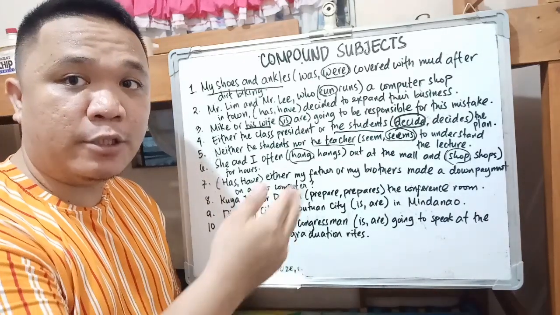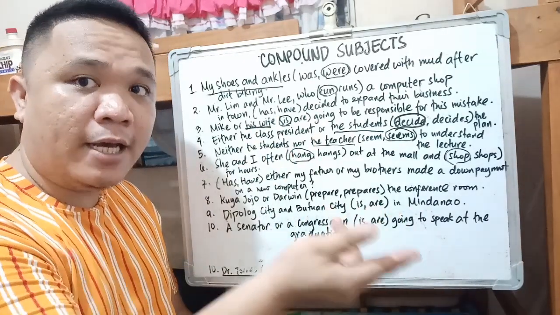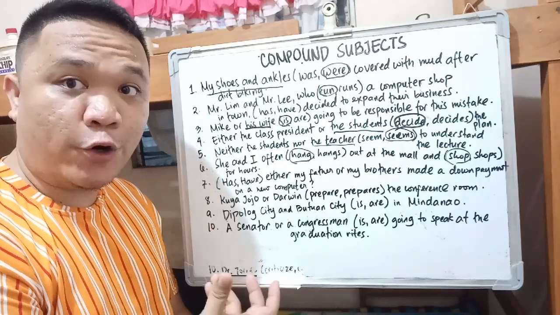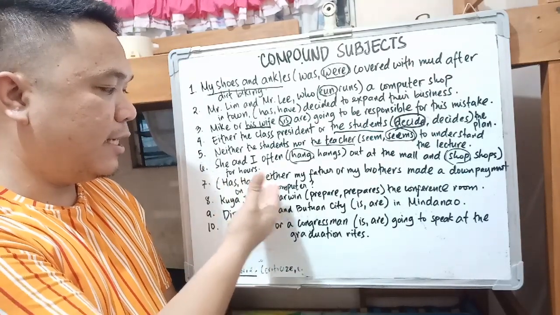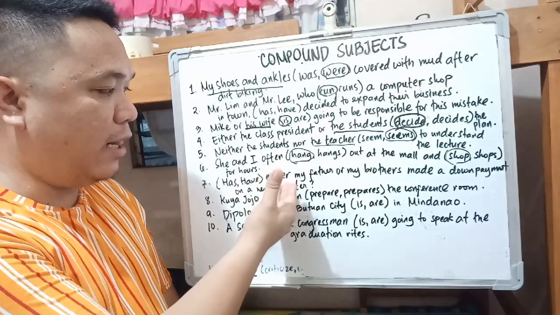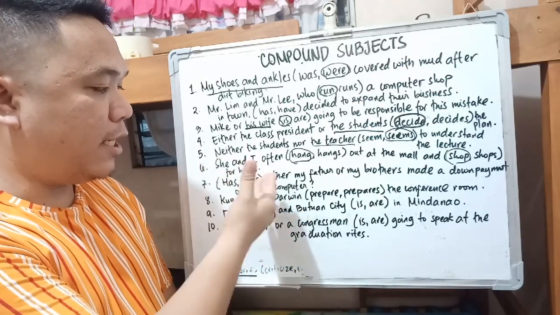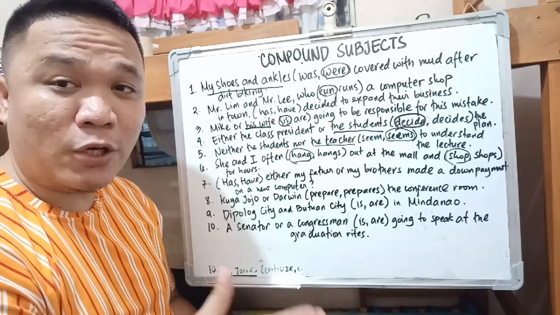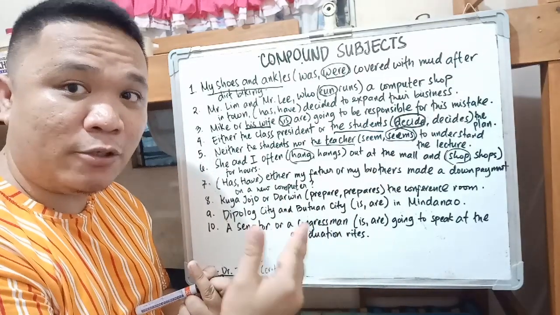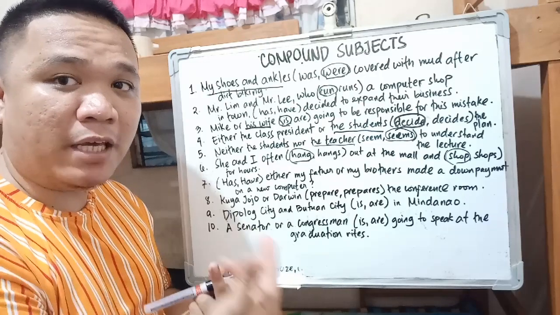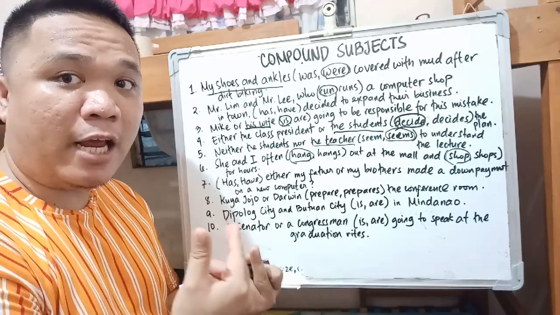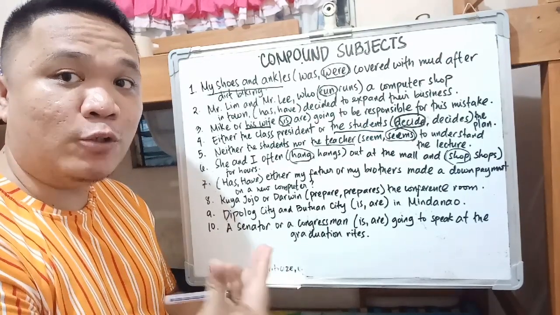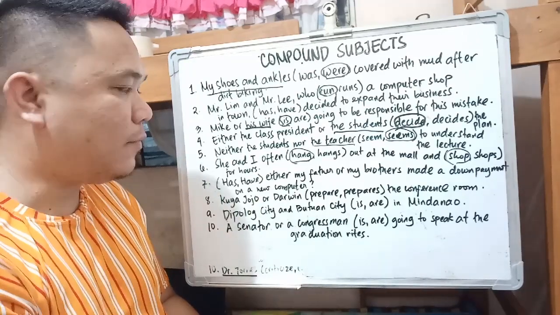Once it is a sentence, you choose the second one. But if it is a question form, like this, has either, you choose the first. So in the statement, in the sentence, you choose the second once it begins with either. But in a question form, you have to choose the first one.